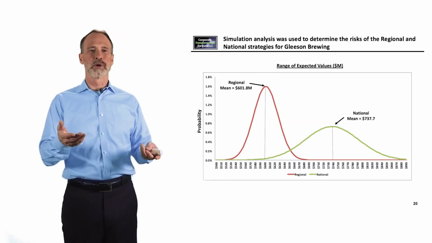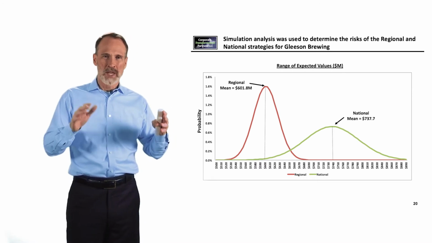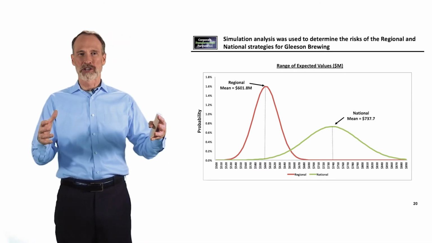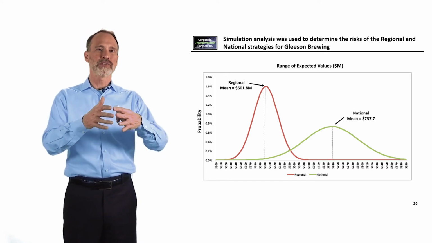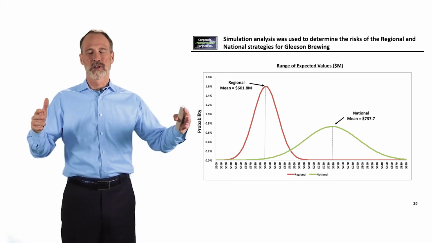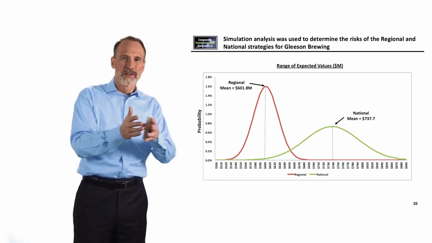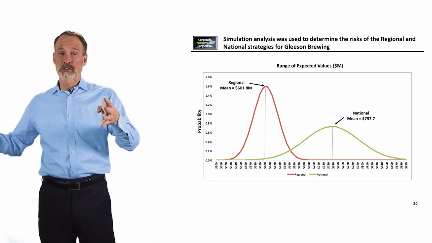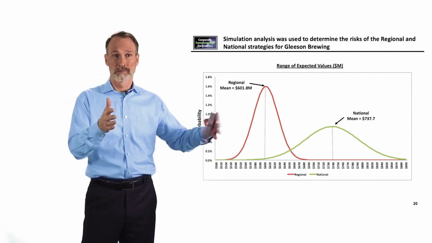And so what you end up with, if we apply it now to Gleason Brewing, is that if you undertake the national strategy, that definitely has the highest expected value, but it also has greater risk. Although the expected value is 737 million or so, there's significant probability that it could be much higher, and also significant probability that it could be much lower.